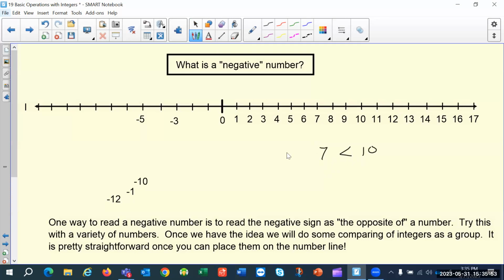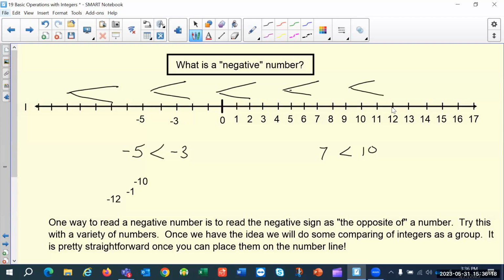That's a true statement. Over here, negative 3 is greater or bigger than negative 5. That is a larger number because it is to the right. So even though the numbers seem like they're going backwards, numbers are still increasing. They're still getting bigger as they go to the right. Any number on the right side of another number is going to be larger, okay?